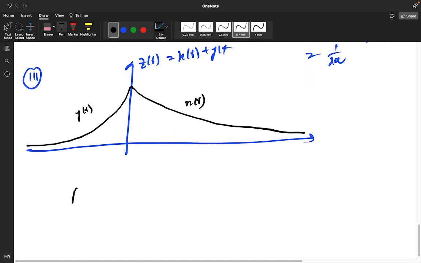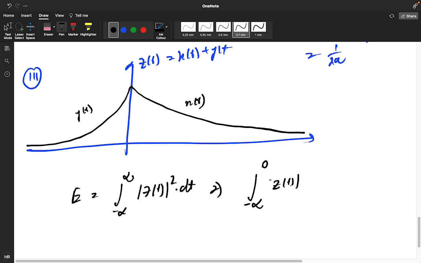Now you need to find the energy. So it will be the integral from minus infinite to infinite of z of t the whole square into dt. You need to break this function: minus infinite to 0, z of t whole square, plus 0 to infinite, z of t whole square into dt.